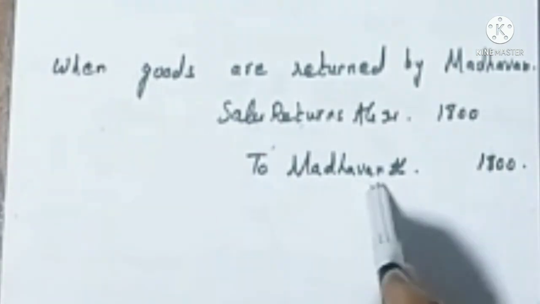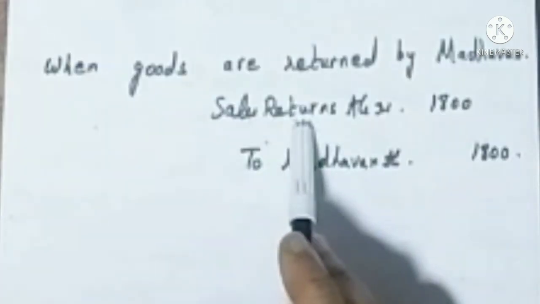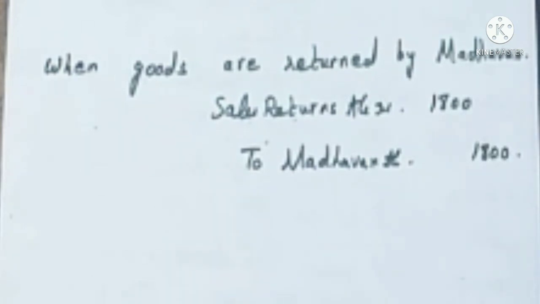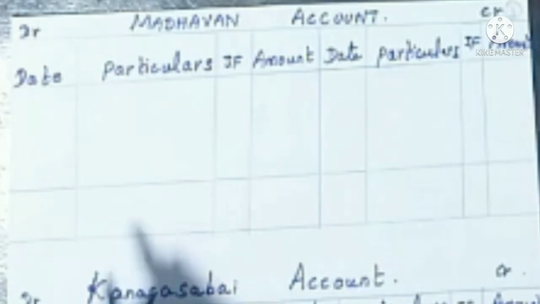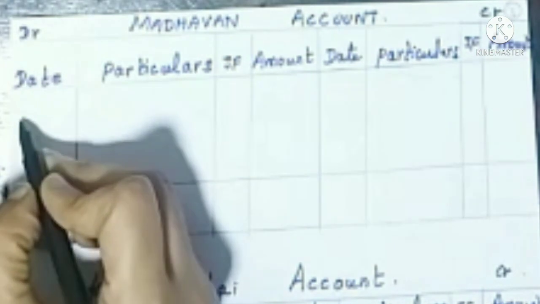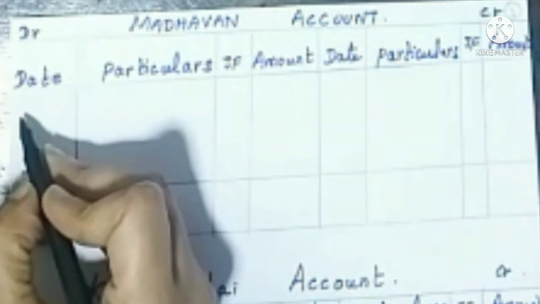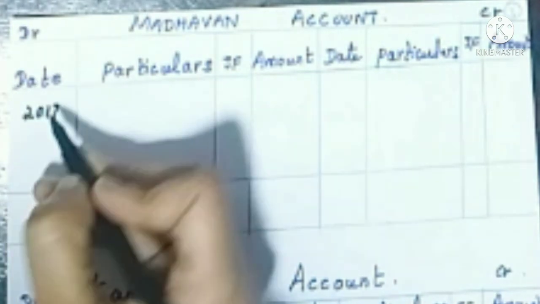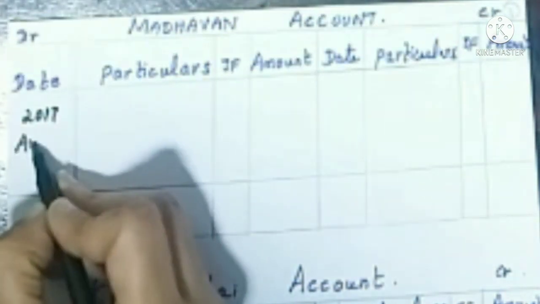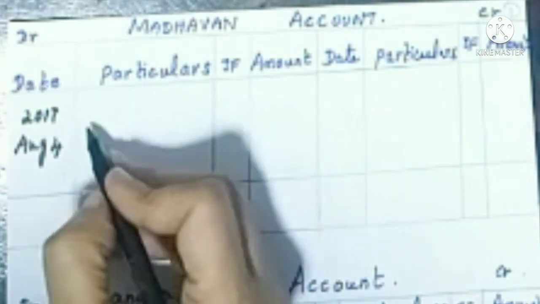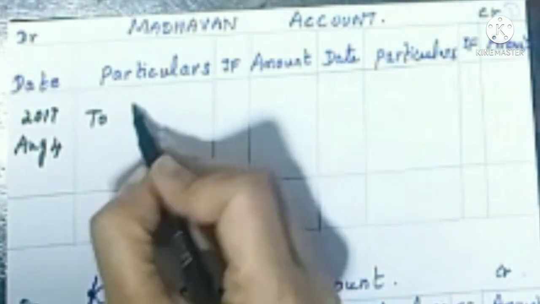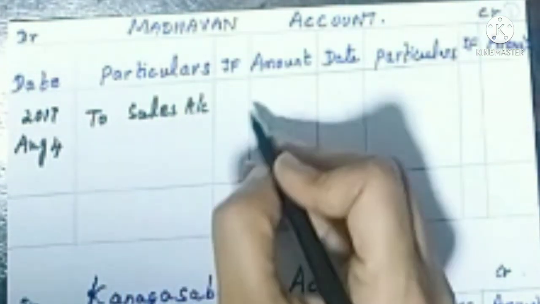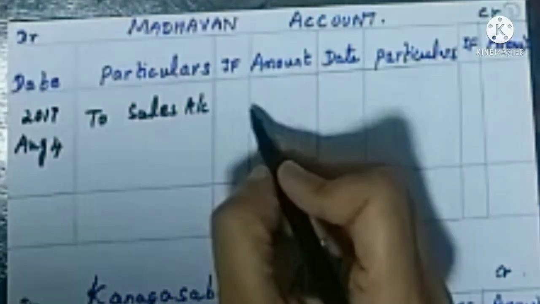So we have to write it on the credit side by sales return account 1,800. Date is 2017 August 4, to sales account. Amount is rupees 12,800.